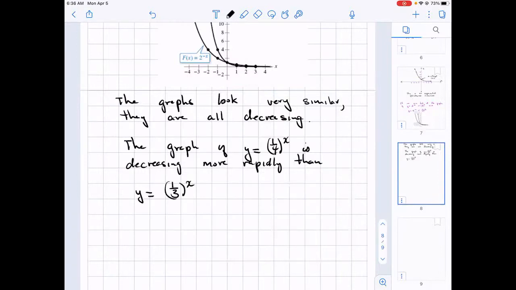So they're all decaying functions. They all share the same y-intercept.